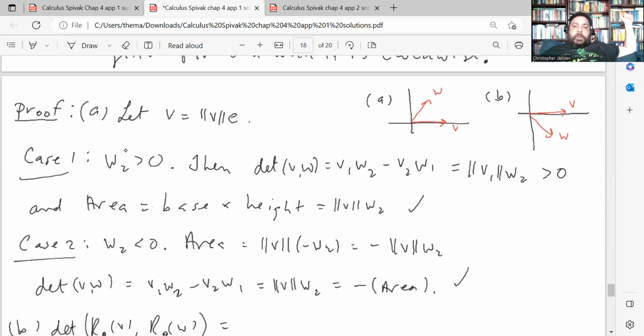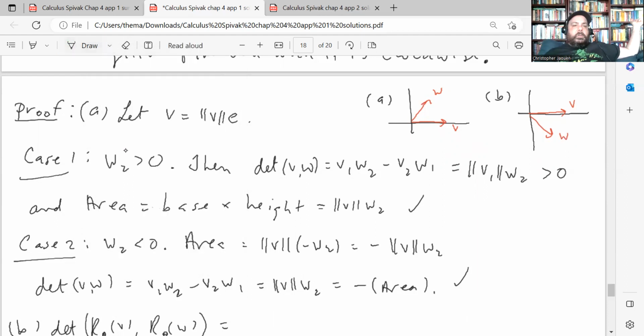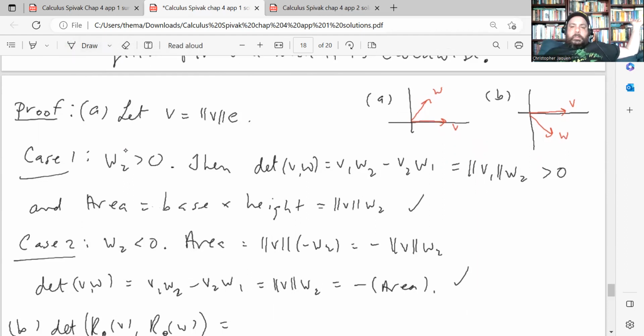Then if you look at the determinant, using the formula, you get V1 W2 minus V2 W1. V1 is the length of the vector V. Let me fix a typo: this should just be the length of V, not V1.